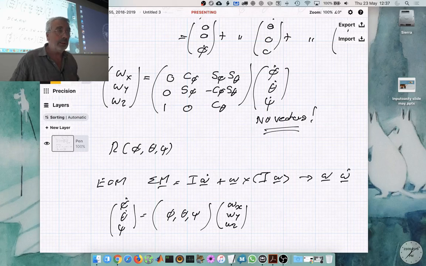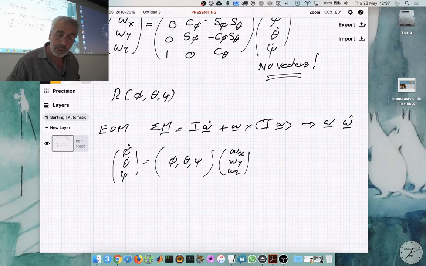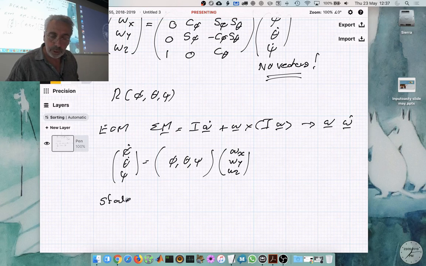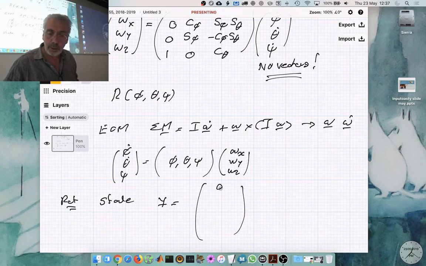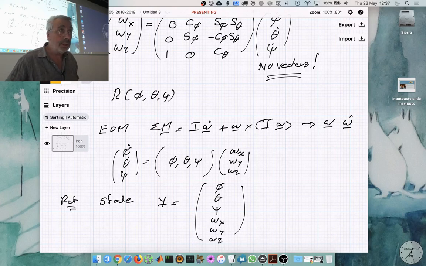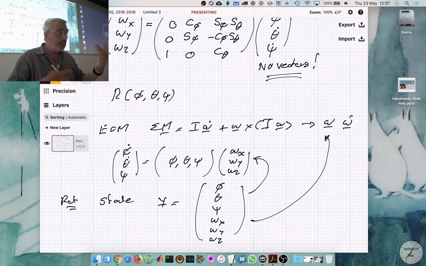Meaning that the rotational state of our system is the attitude, phi, theta, psi, and these three angular speeds. The first set of state equations are these, and the second set of state equations are these. And by that we can just integrate and find a new orientation of a body.